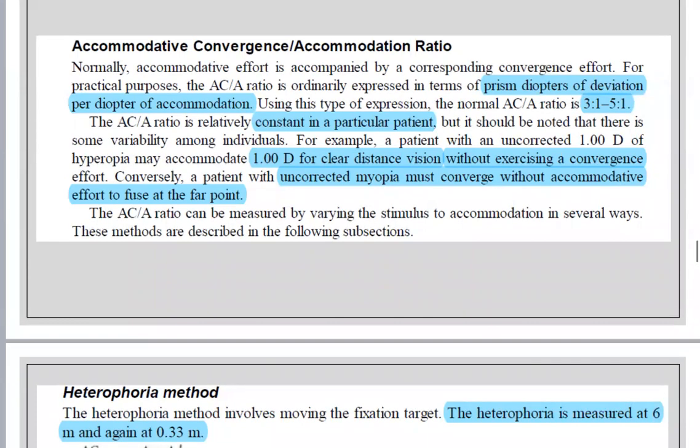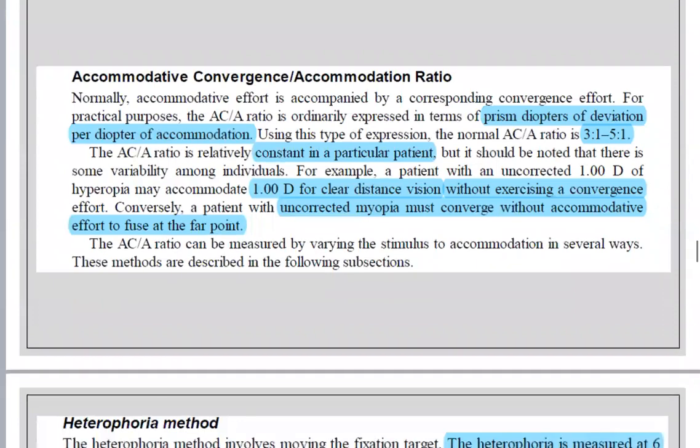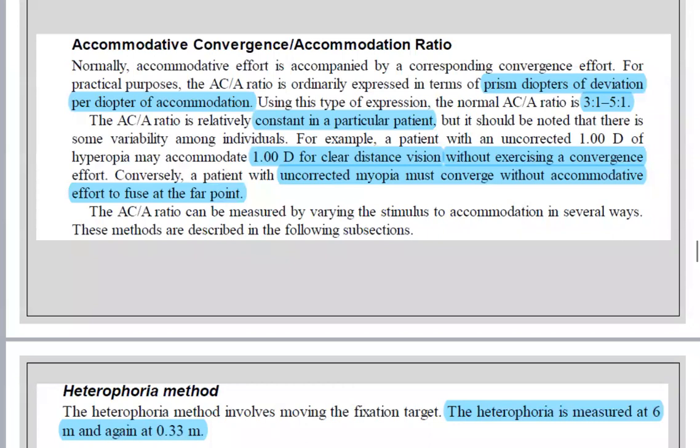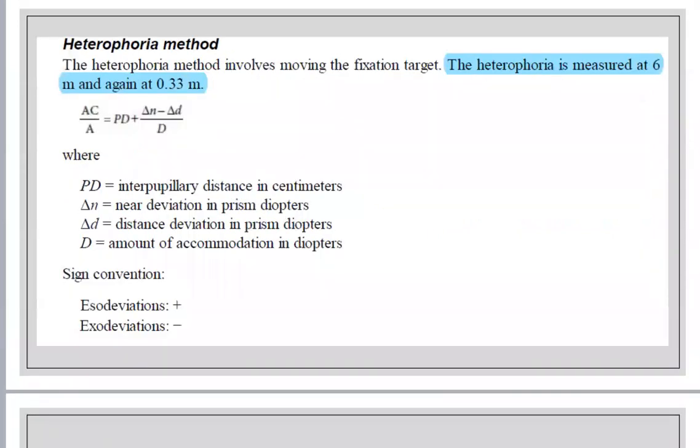Okay, here how to calculate the AC/A ratio. This is not important in clinical sciences, but it has a question in Massachusetts. So here I do have two methods. One of them will take into consideration the interpupillary distance in centimeters, like the heterophoria method, and the other method, which is the gradient method, doesn't take into consideration the pupillary distance.